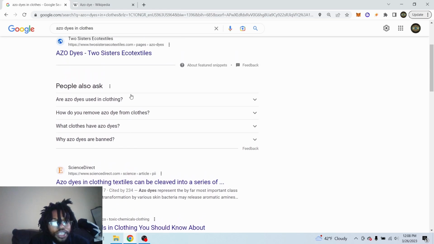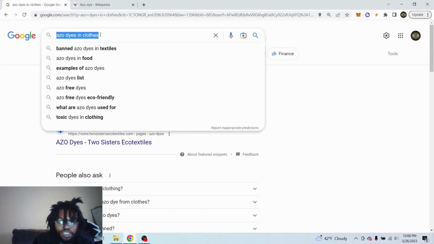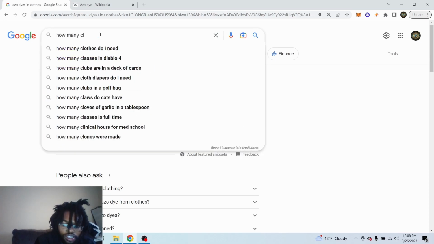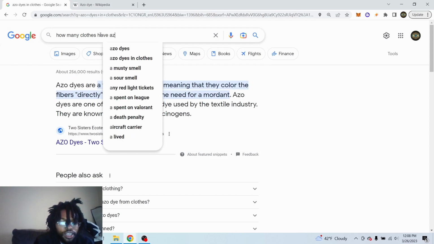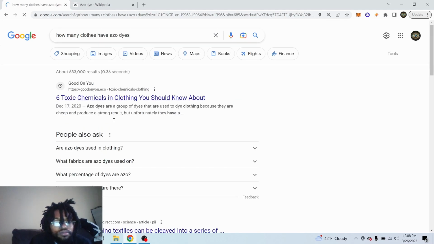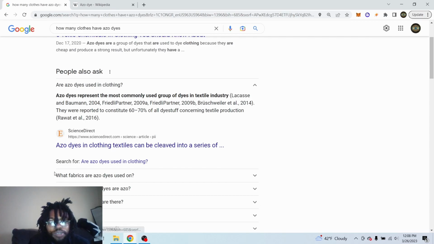And that's crazy. So, let's look up how many clothes have azo dyes. Are they used in clothing? That's for sure, but okay.